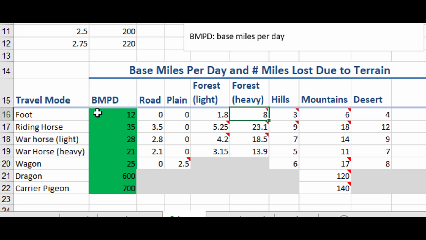I have these rounding up, or down actually, depending on where it is. You can see each of these formulas is just rounding the numbers and multiplying the base miles per day by a modifier that is in each one of those cells. And that's kind of all there really is to this particular area of the Excel spreadsheet on the schema sheet.